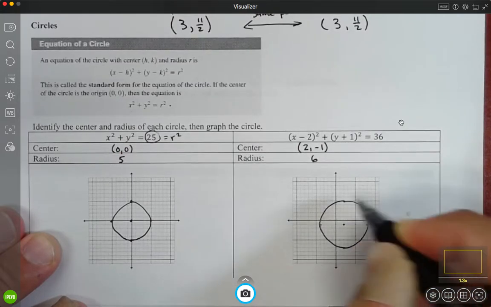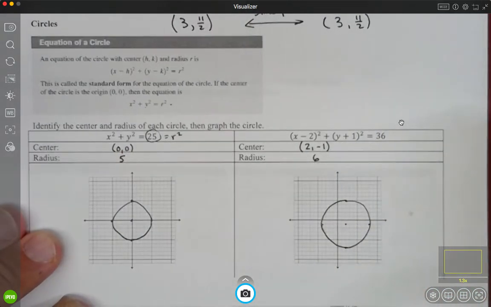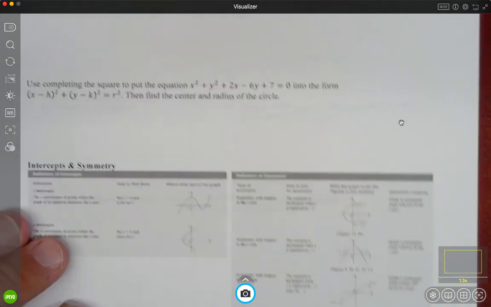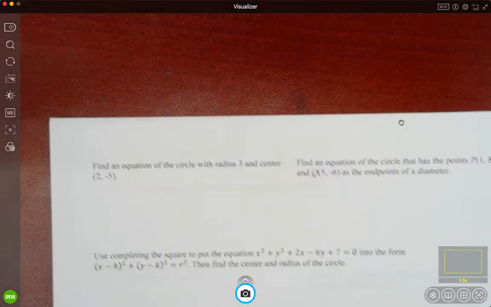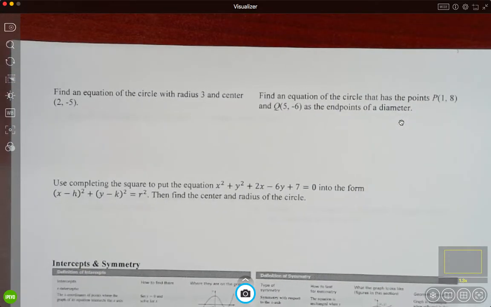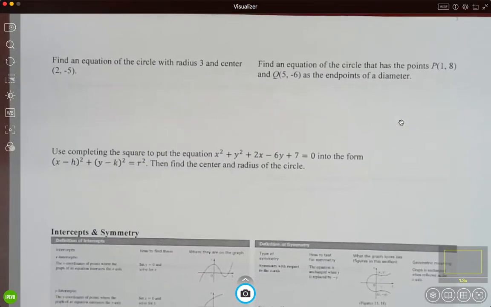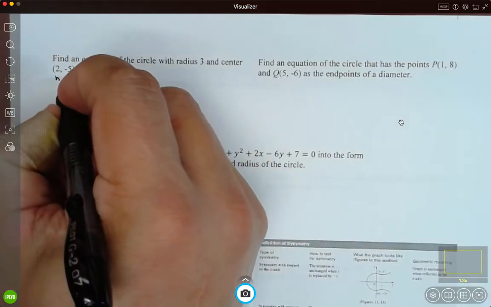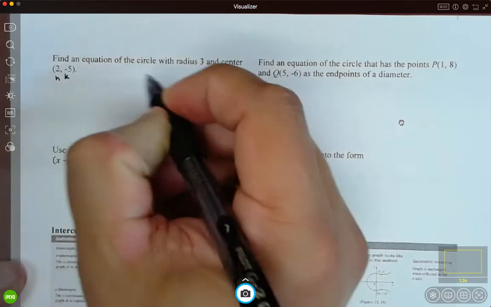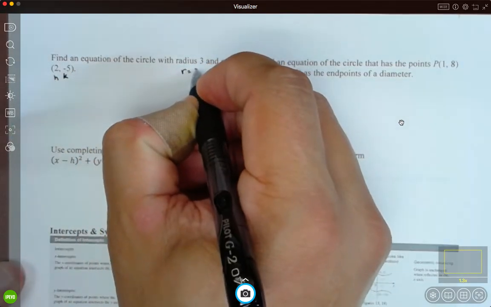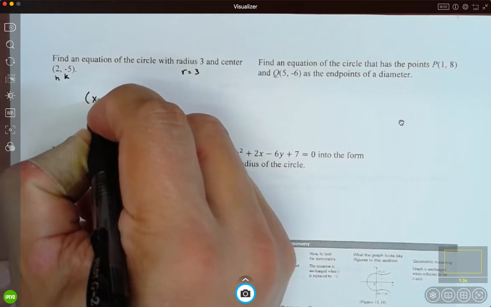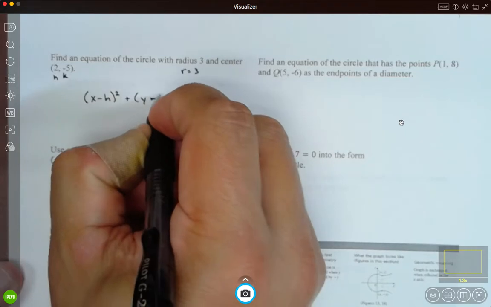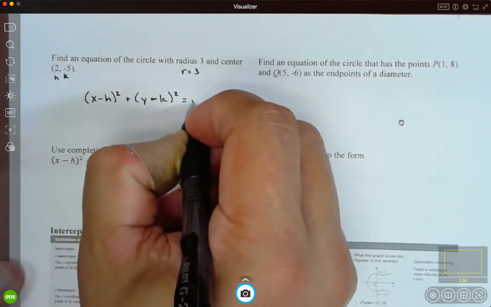So when you have the equation, it's pretty easy to come up with the center and the radius, but on the back, we have to go from information about the circle to the actual equation. So this one here has a center of 2, negative 5, so that's our h and our k, and the radius is 3. So our formula is (x minus h) squared plus (y minus k) squared equals r squared.